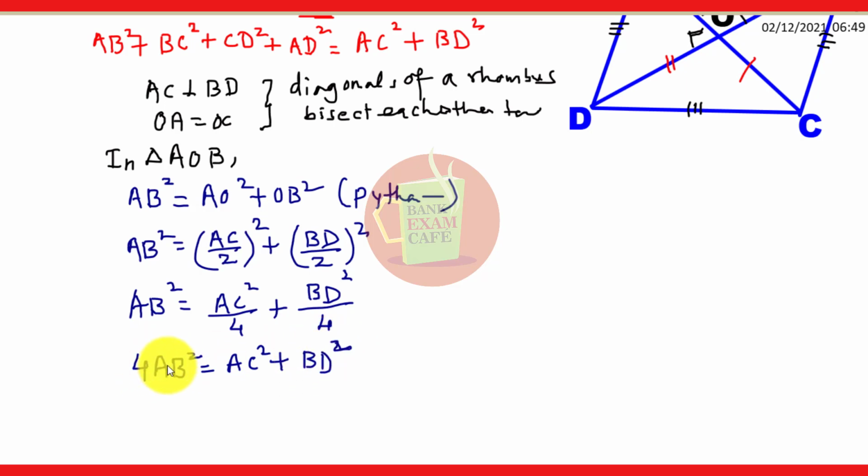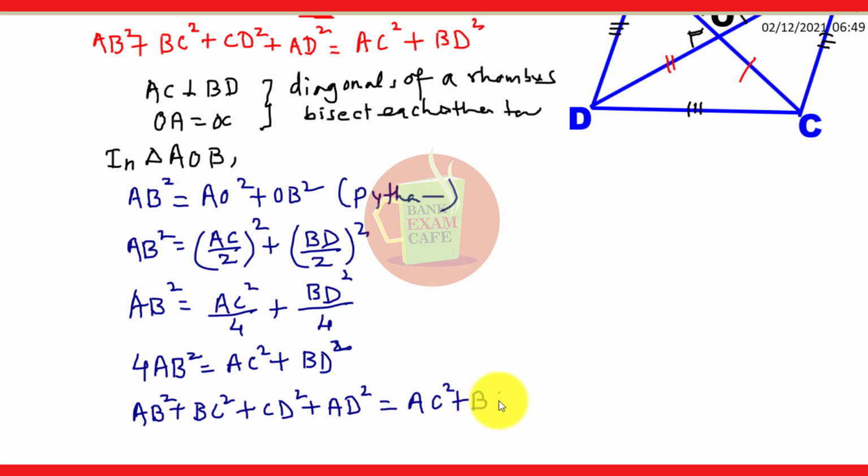But here 4 AB square, that means what? AB square plus AB square plus AB square plus AB square, but all the four sides are equal, so this 4 AB square we can write as AB square plus BC square plus CD square plus AD square, because all four sides of the rhombus are equal, which is equal to AC square plus BD square.